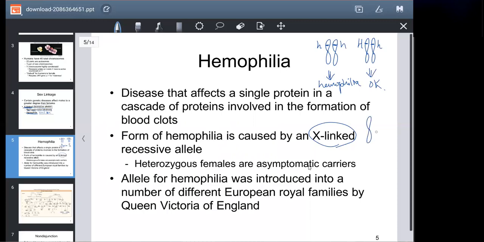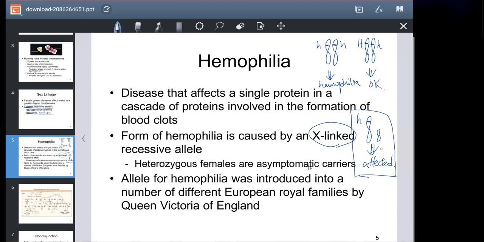Boys have 1 X and 1 Y. So for boys, if they just have one, then they are affected. And this is why a lot of X-linked traits are disproportionately presented in males, because if they're hit with one allele and they just inherit that one, then they don't have the other one to balance it out, and they have the trait.